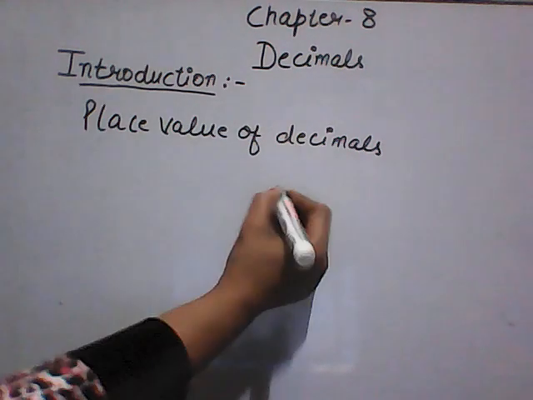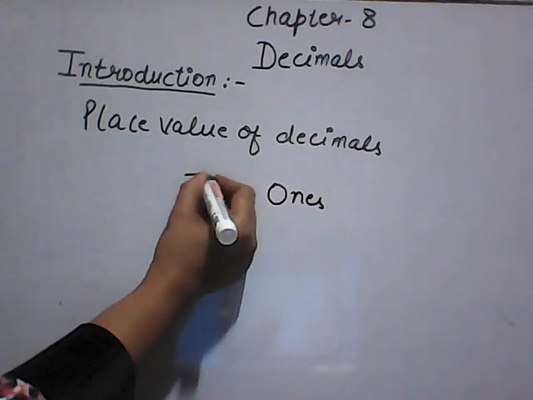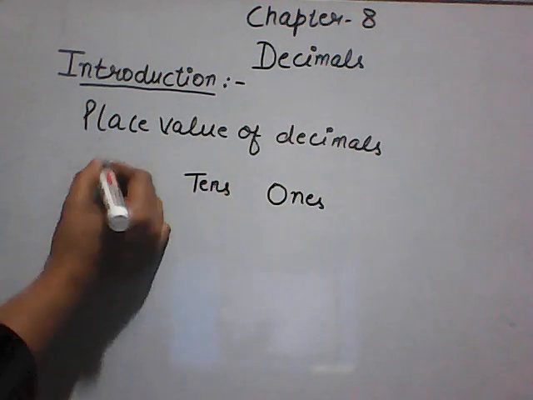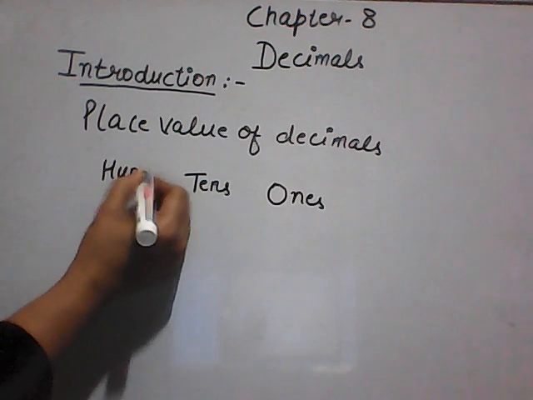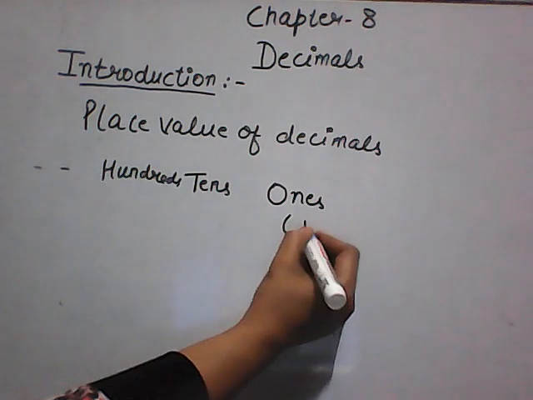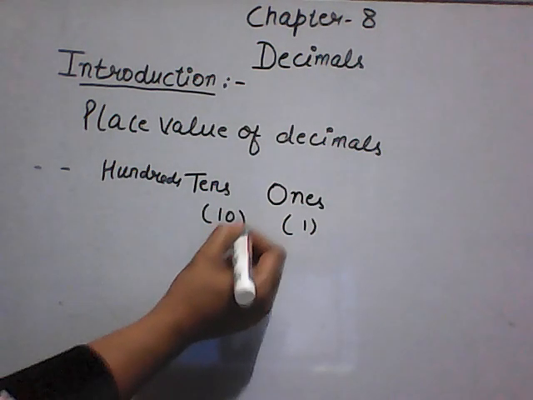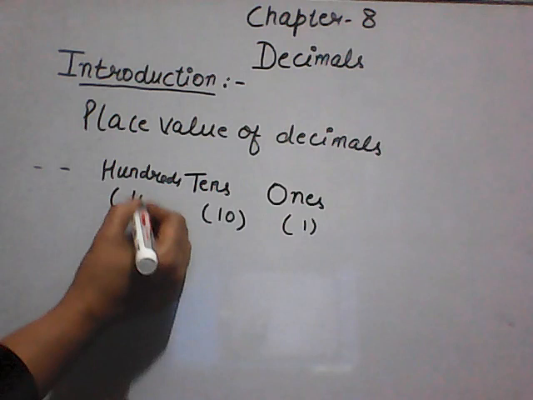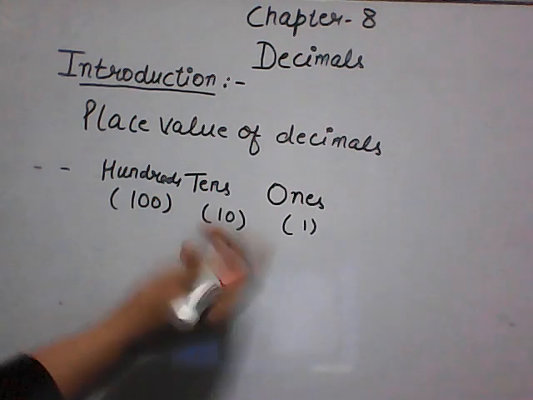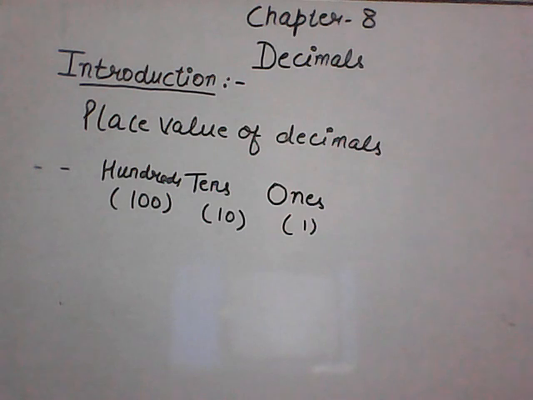Here, in the whole part, we write ones, tens, hundreds, thousands, and so on. Ones is represented as 1, tens as 10, hundreds as 100. These are all about the whole part.